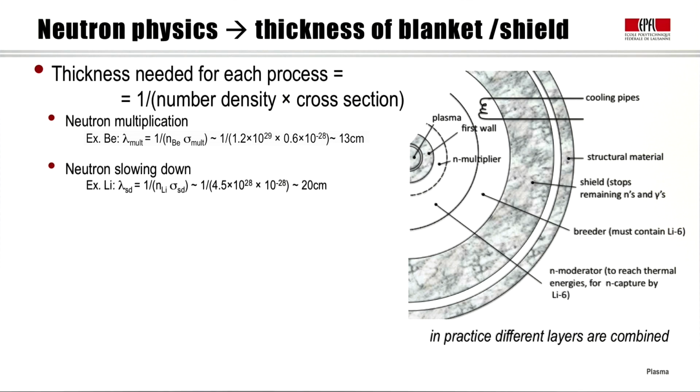As we said before, we need to slow down the neutrons in order for the breeding to be more efficient. So we can use lithium itself, not only for breeding tritium, but also for slowing down neutrons. So we can evaluate the length over which the slowing down process will take place as 1 over the density of the lithium times the slowing down cross section, which is about 1 barn or 10 to the minus 28 square meters.